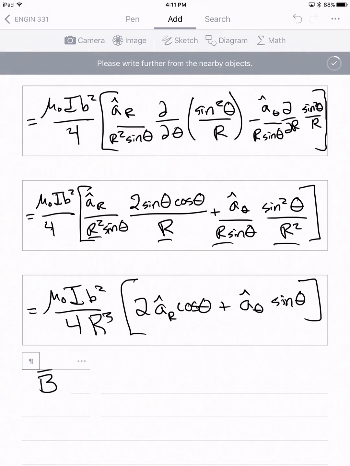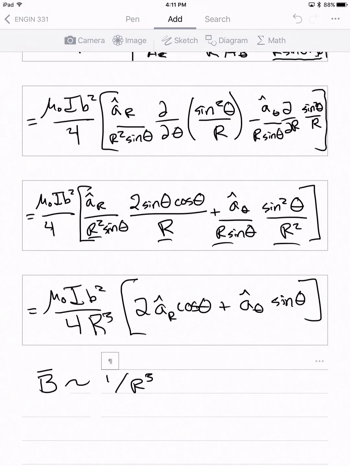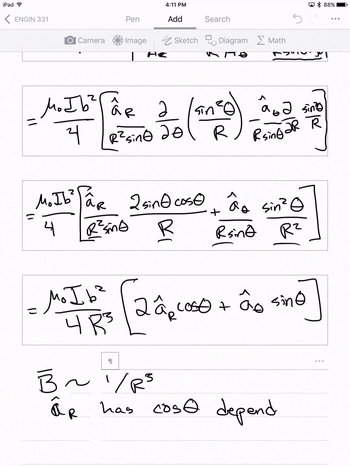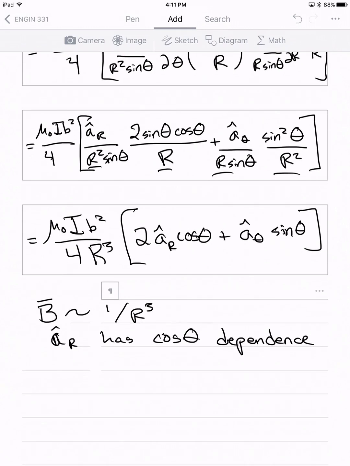That magnetic flux density depends on 1 over r cubed as you move away from it. The a hat r term has cosine theta dependence, and the theta term has sine theta dependence. Those are key things to notice about this.